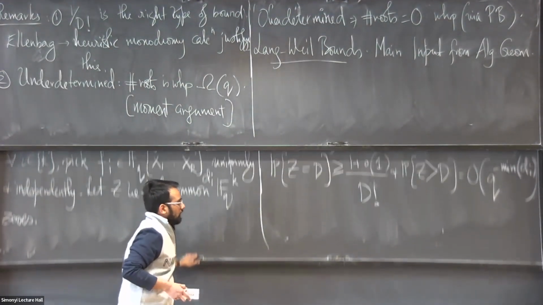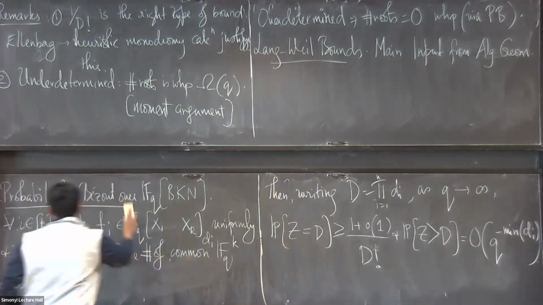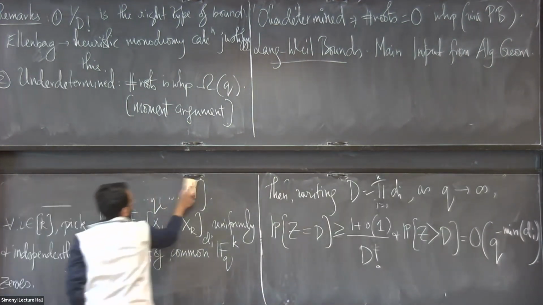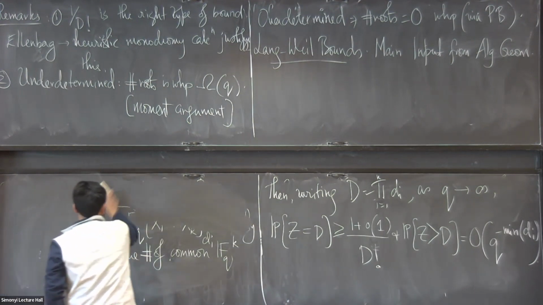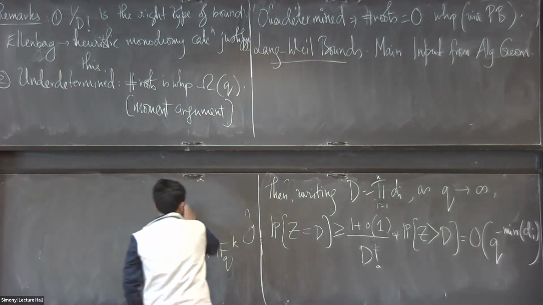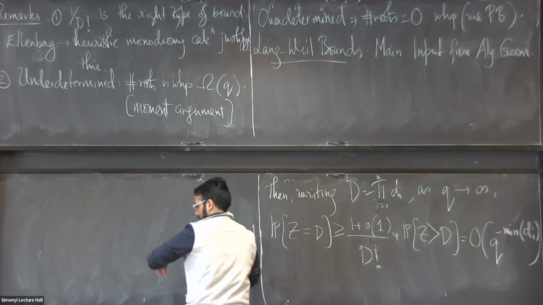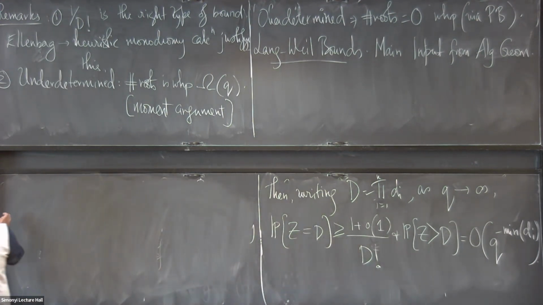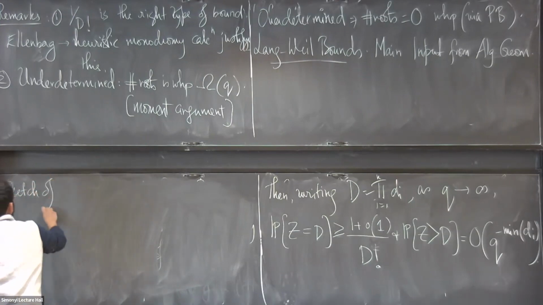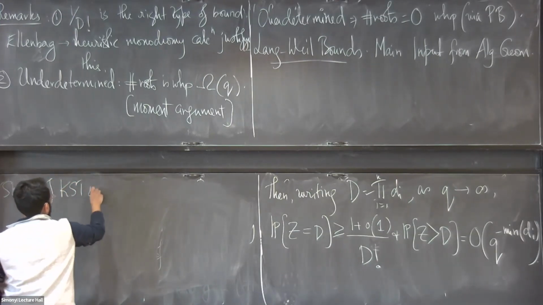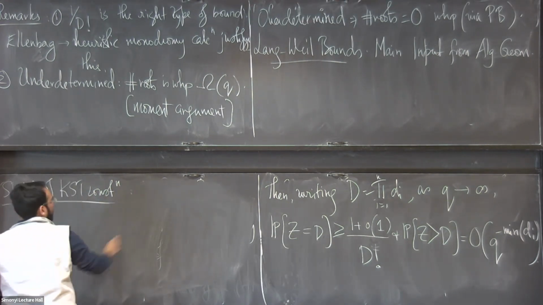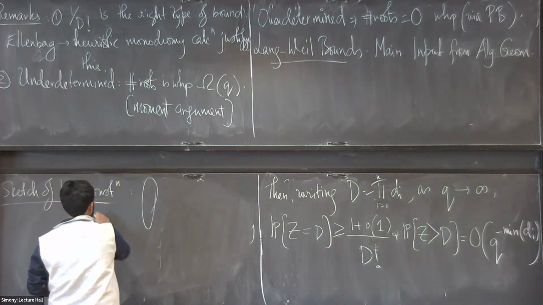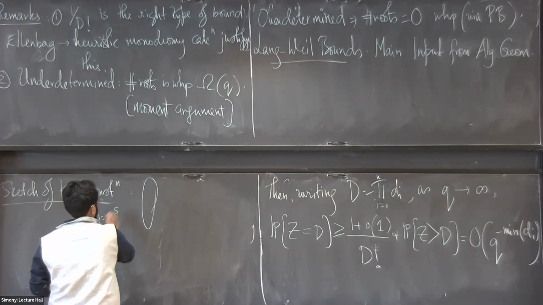Good. So why is this helpful? Let me sketch a construction of extremal graphs for this covariant problem, and then move on to part 2. So here's A, so n is just going to be q to the s.